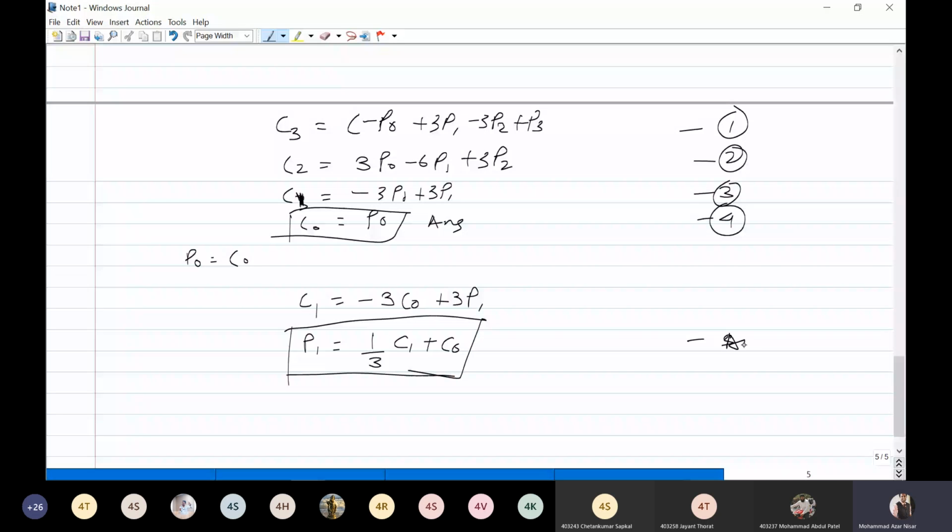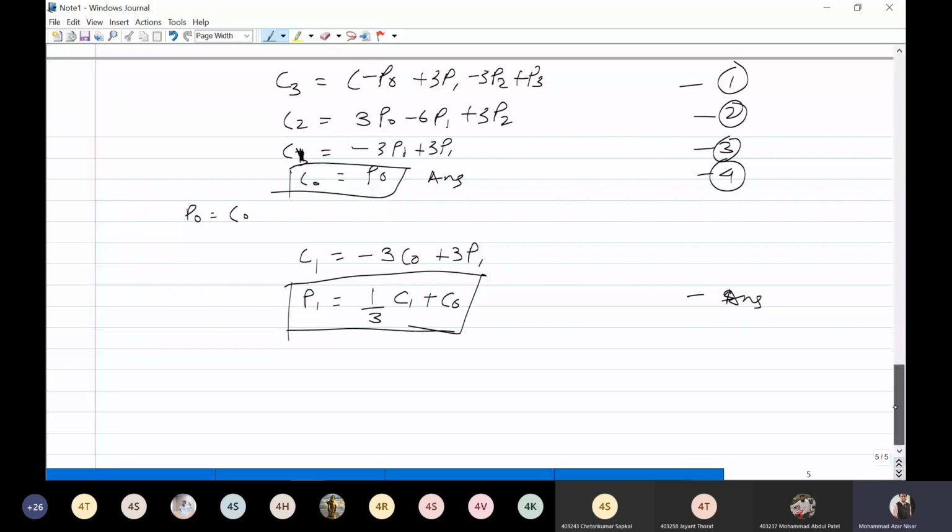Next, to get P2, I will use this P1 value to find out the values. So I will use this answer in the C2 equation. C2 equal to 3, so instead of P0, I will use P0 minus 6, P1 value is 1 by 3 C1 plus C0, plus 3P2.